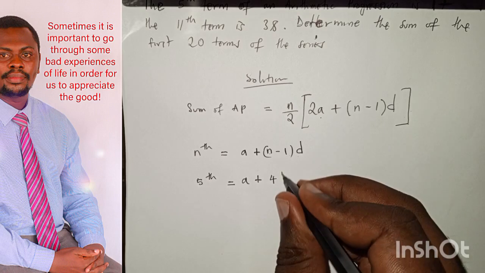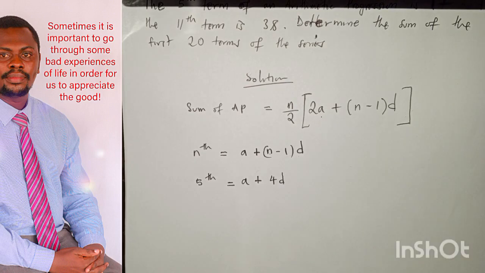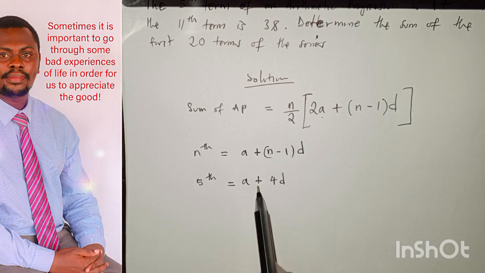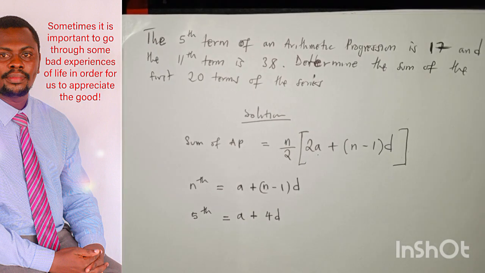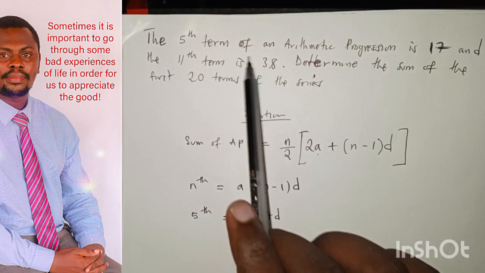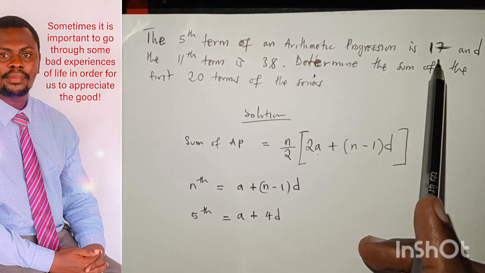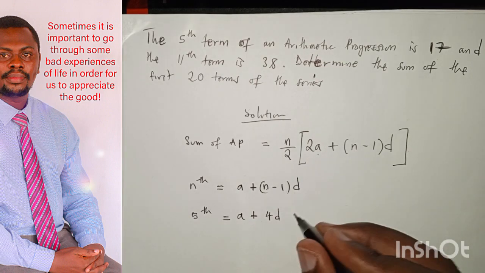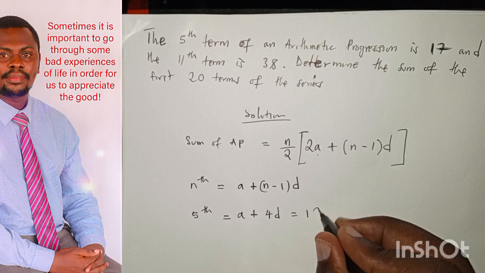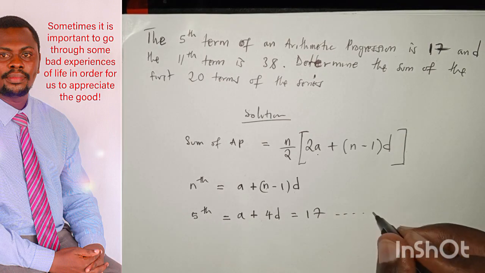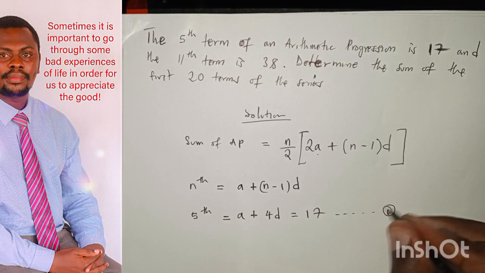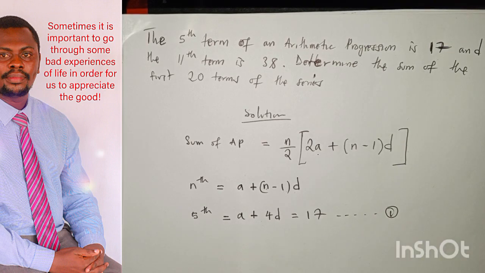So 4d. In short, the fifth term is equal to a plus 4d. Now this fifth term is given. We are told that the fifth term of an arithmetic progression is 17. So this is equal to 17. This will be our equation 1.